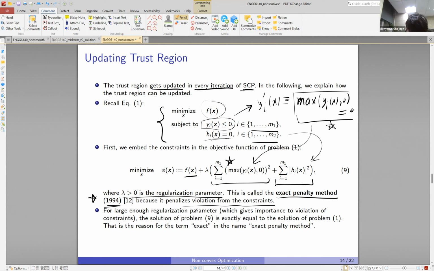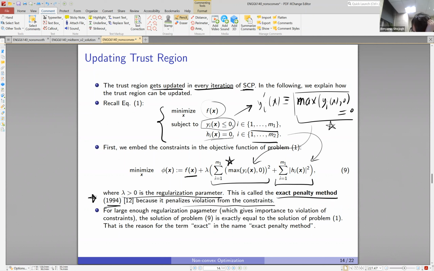For large enough regularization parameter, which gives importance to violation of constraints, of course, so lambda is the regularization parameter giving weight to the violation of constraints with respect to cost. So the more the lambda, the more you care about violation from the constraints.